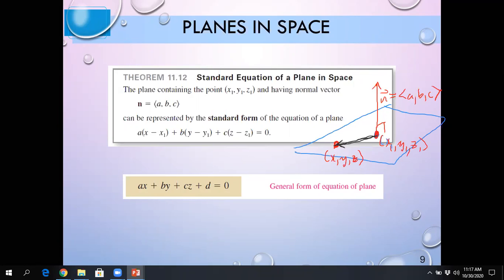Let me name these points. I'm going to call this point P, and this point Q. So I'm asking you, what are the coordinates of the vector PQ?